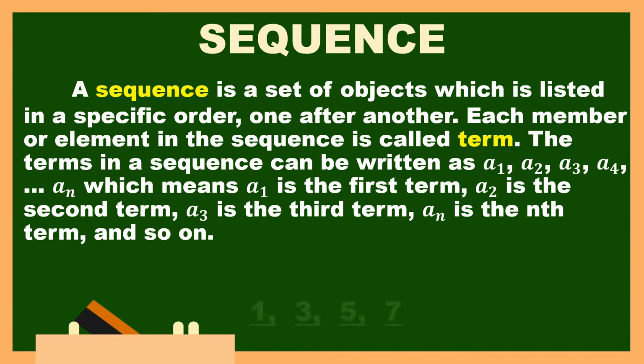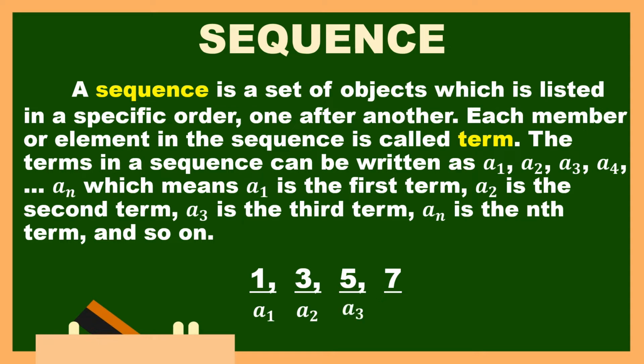Halimbawa po dito sa ating given sequence, we have 1, 3, 5, 7. Meron tayo ditong tinatawag na A sub 1, kung saan ang ating A sub 1 or the first term is 1. Our second term or the A sub 2 is 3. And the third term or A sub 3 is 5.